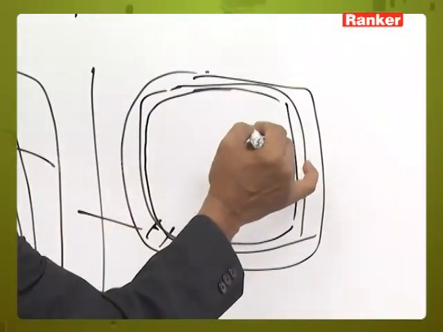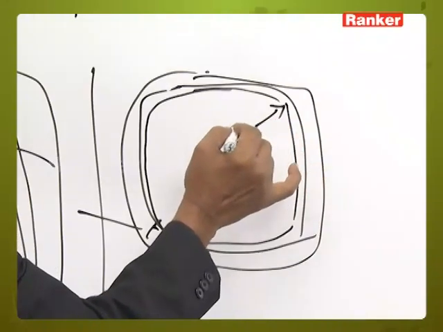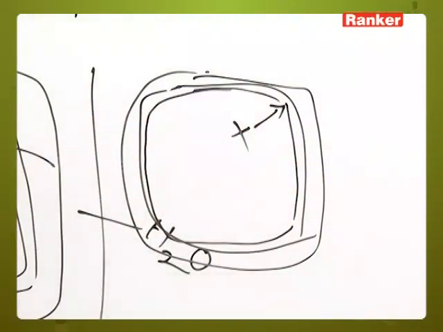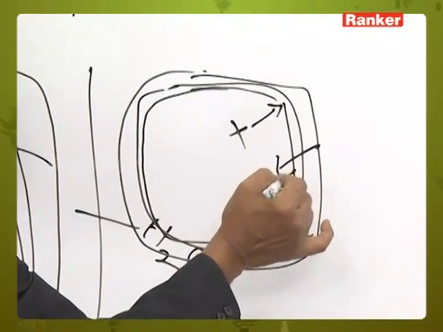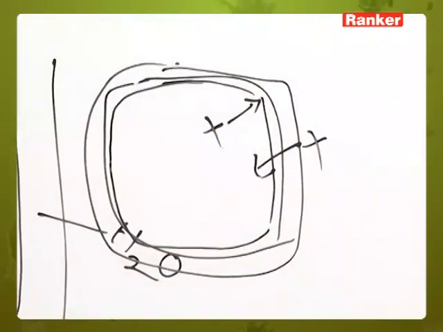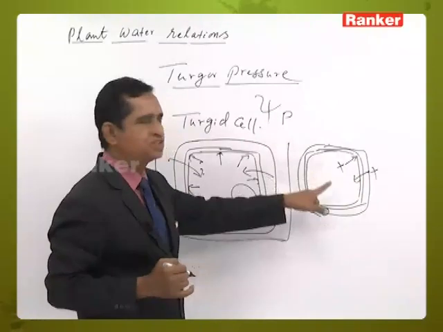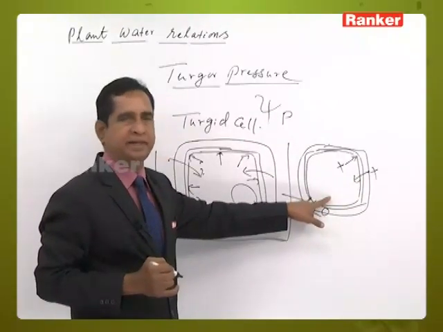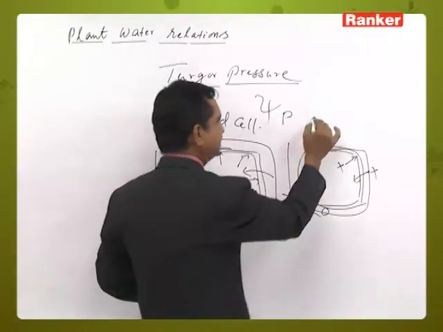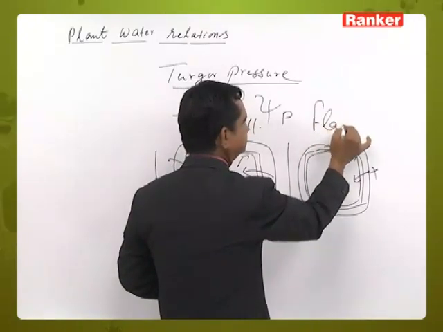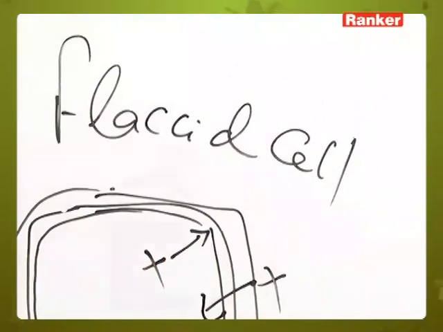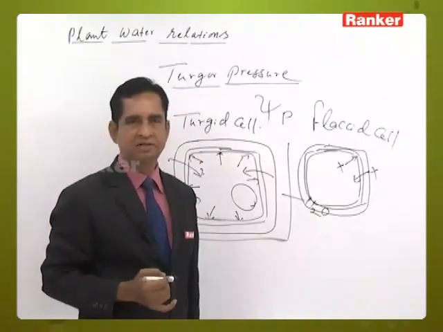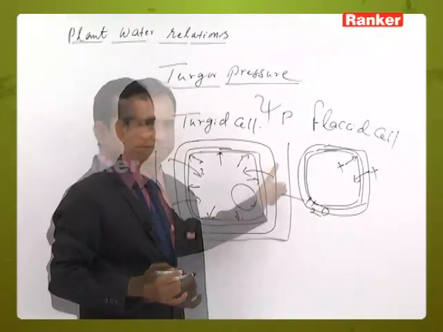There is neither Turgor pressure nor wall pressure. Then this cell is said to be in flaccid condition. So, this cell is described as a flaccid cell.